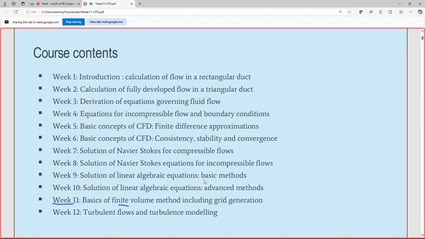The difference between different types of grids, and how important grids are for the accuracy and successful CFD simulation of any particular flow problem, is understood by everyone. These are the topics that we will be discussing in detail, and the questions from these topics will be discussed in our session.